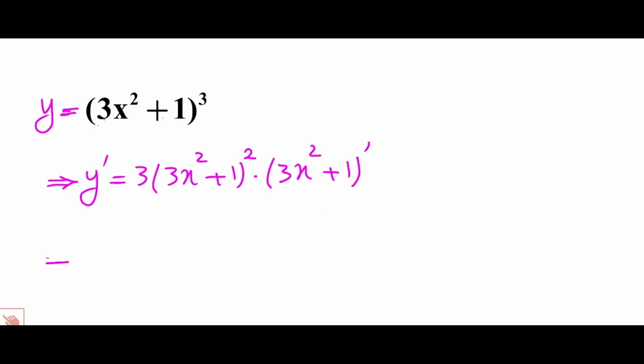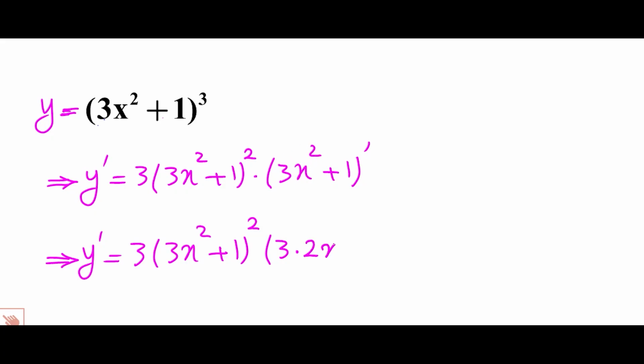So y prime is equal to 3 times 3x squared plus 1 whole squared times the derivative of 3x squared, which is 3 times 2x. 3 times the derivative of x squared is 2x, and the derivative of 1 is nothing.